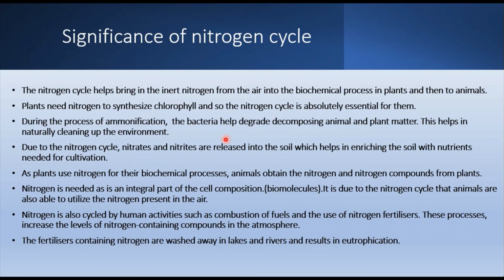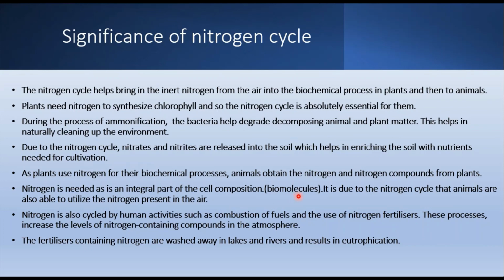And this process of the nitrogen cycle also releases the nitrates and nitrites into the soil, which helps in enriching the soil with nutrients which are needed for cultivation of our crops. And as plants use this nitrogen for their biochemical processes, animals obtain the nitrogen and nitrogen compounds from the plants. And nitrogen is an integral part of cell composition of biomolecules.